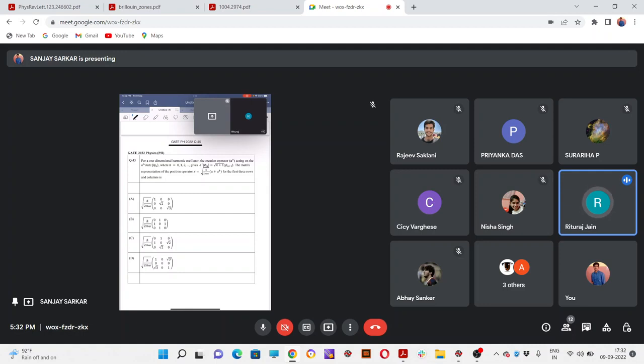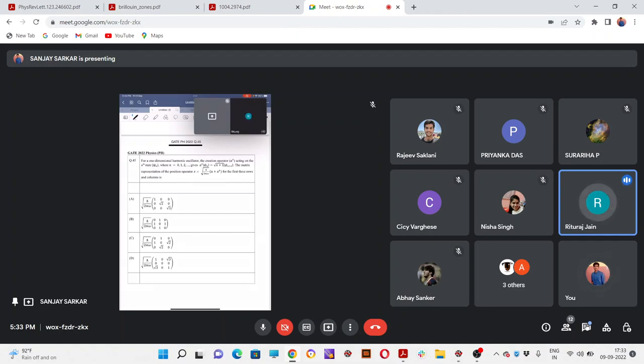So we can eliminate options A and D, and B and C will remain, and we can see if we apply a dagger, then the value is n plus 1. So the cross diagonal terms should also be the same, because one is operating on the higher state and one is on the lower state.